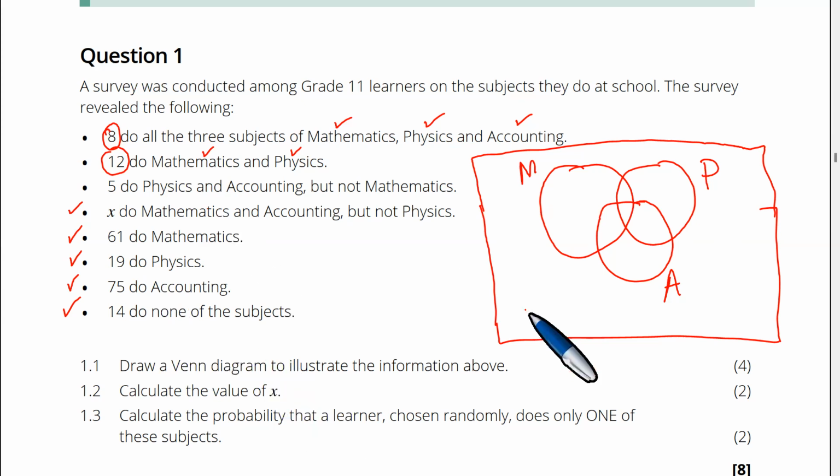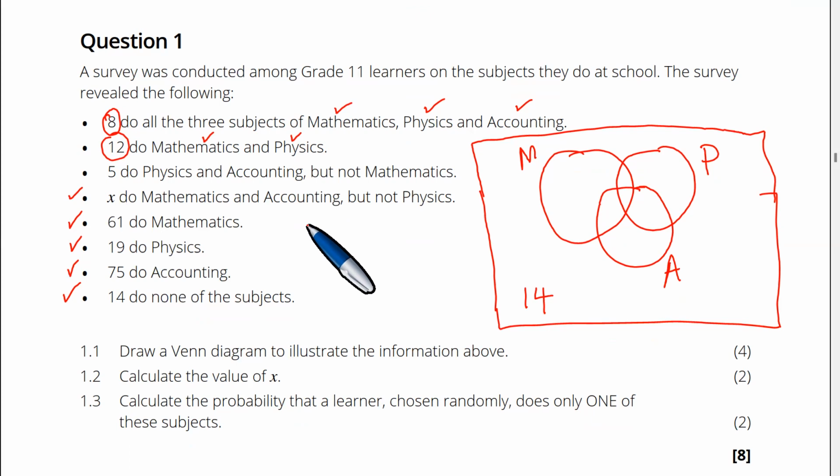So 14 students that do none, it means you put the 14 outside because 14 do none. But 75 students do accounting. So if 75 students do accounting, X students do mathematics and accounting, but they don't do physics at all. We need to think about what needs to happen here and make sense of these. I want us to work this out carefully as follows. So I'm going to write here and say for the mathematics.